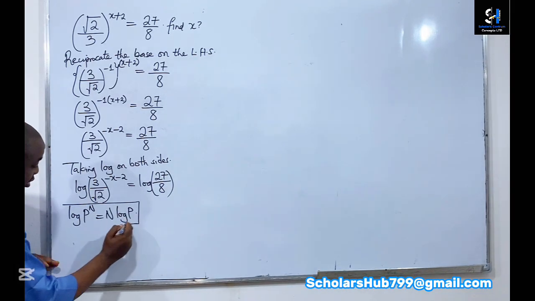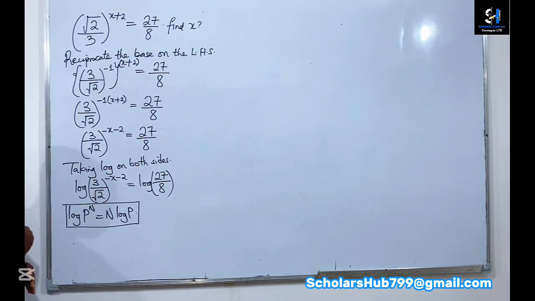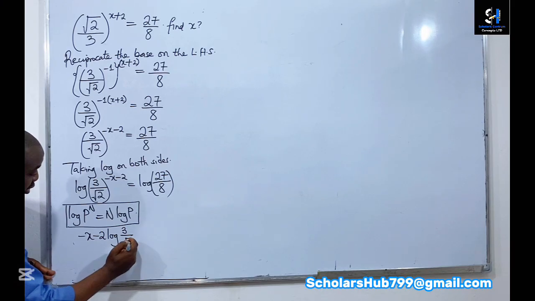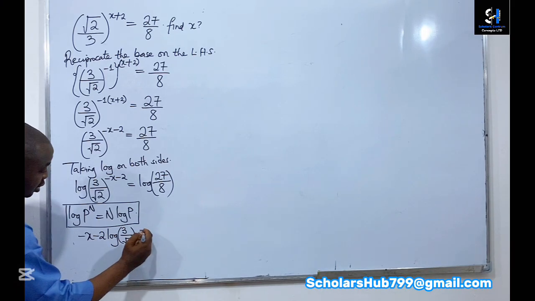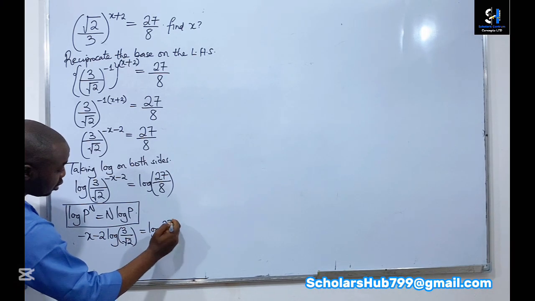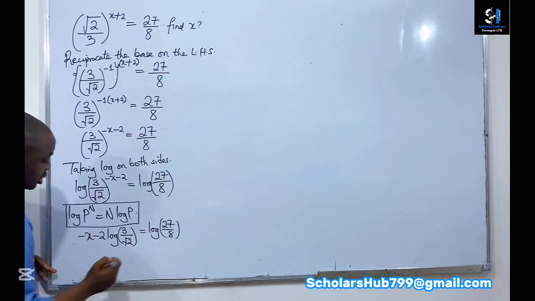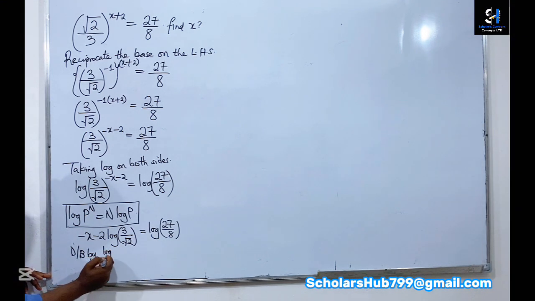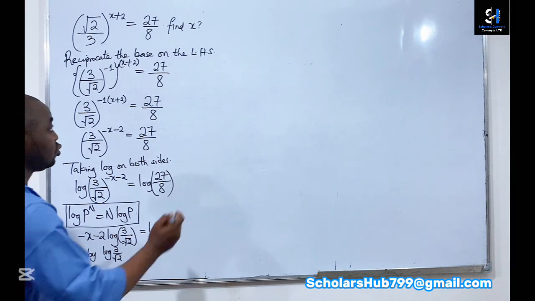Applying this on the left hand side, we get (-x-2) log(3/√2) equals log(27/8). The next thing to do is to divide both sides by log(3/√2).